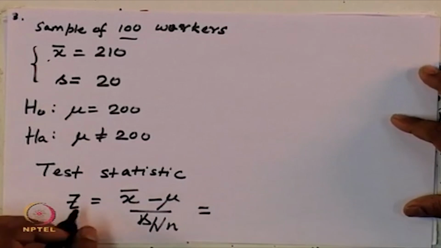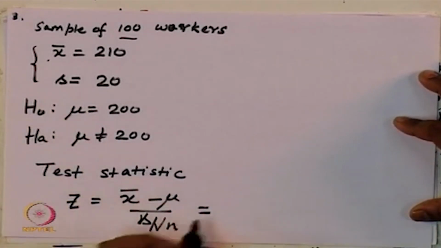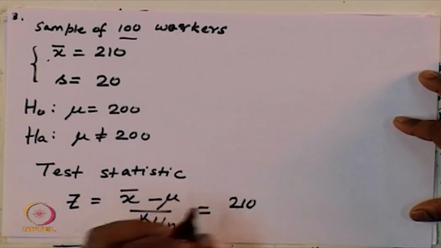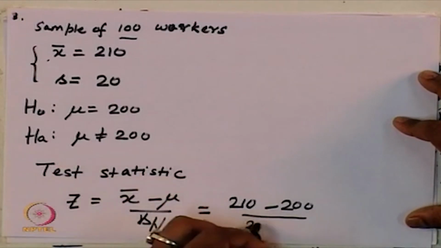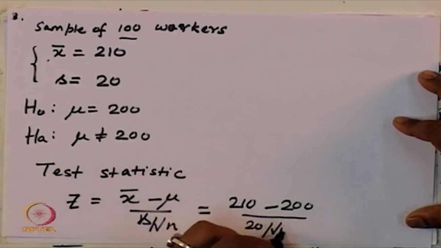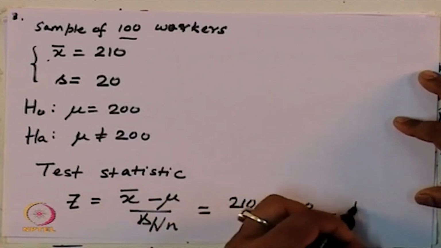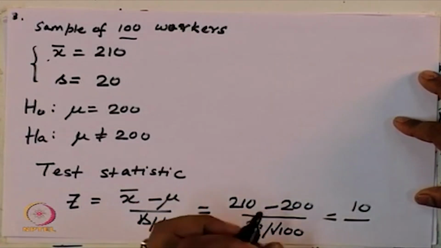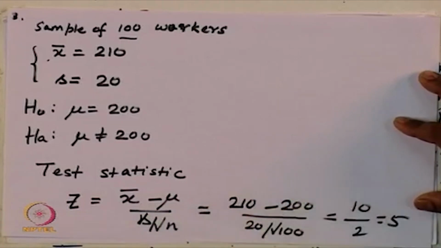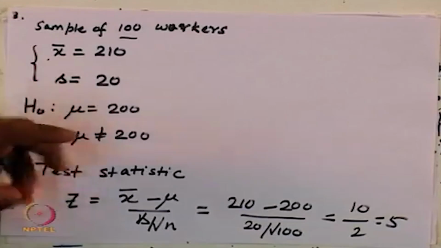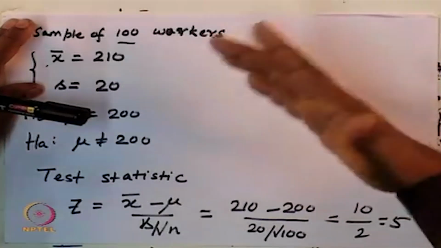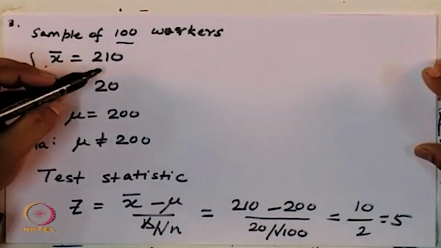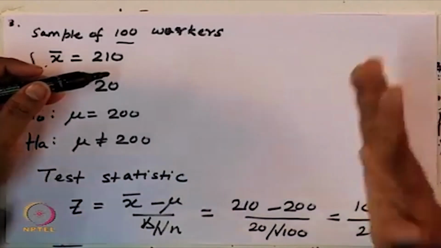Computing the value, x bar is 210 minus mu is 200, divided by S is 20 over root of 100. So, you get 10 divided by 2, equal to 5. The test statistic z gives me a value of 5. In other words, the value that I obtained is 5 standard deviations away from the mean.